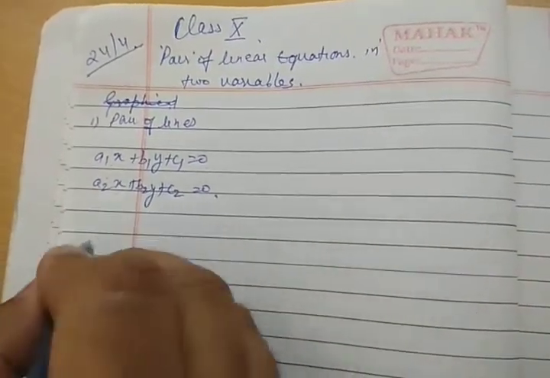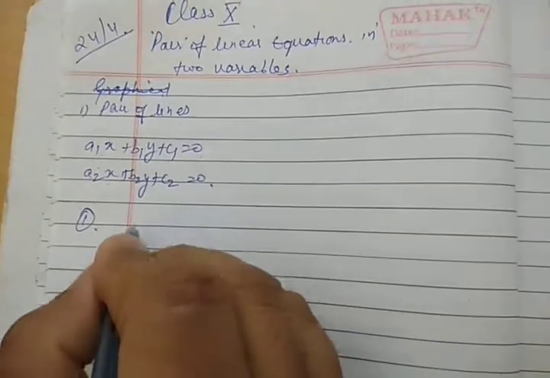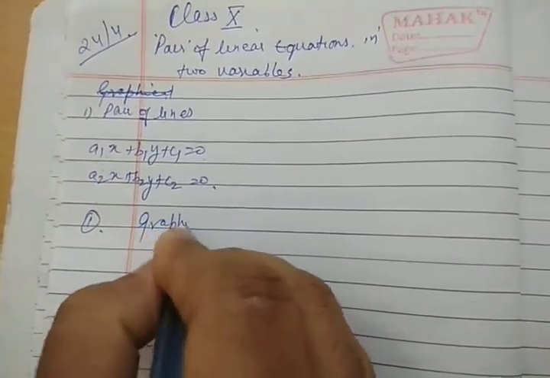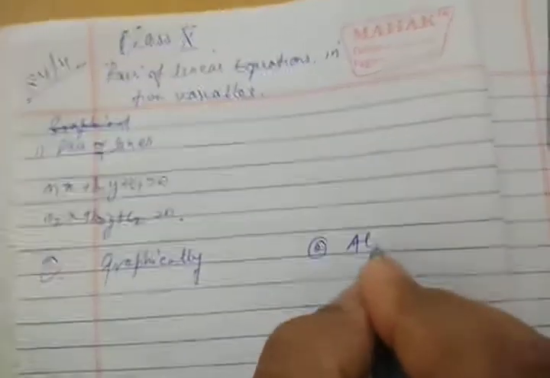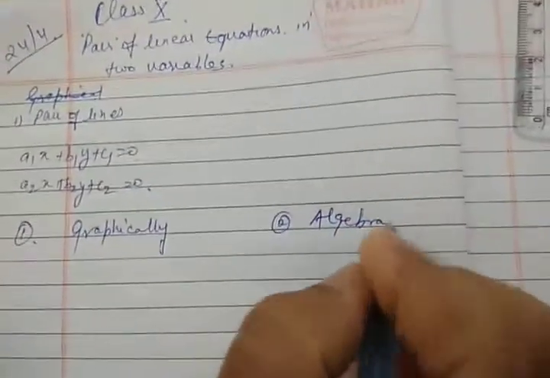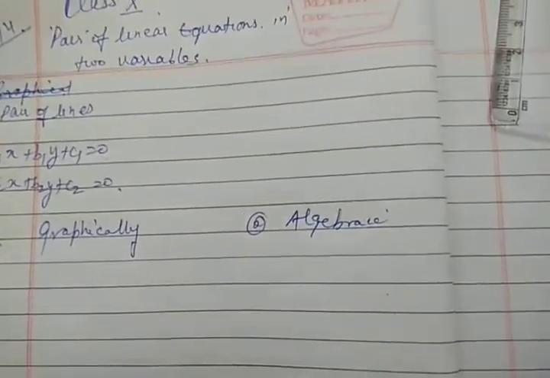We can represent them in two ways. First is graphically, second is algebraic interpretation.